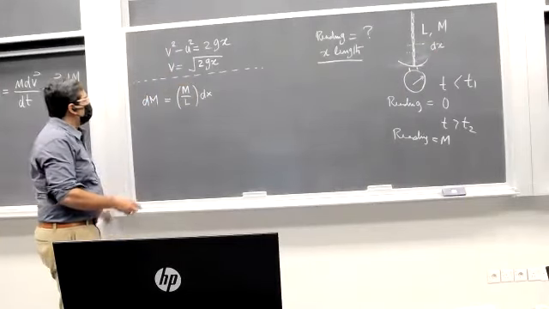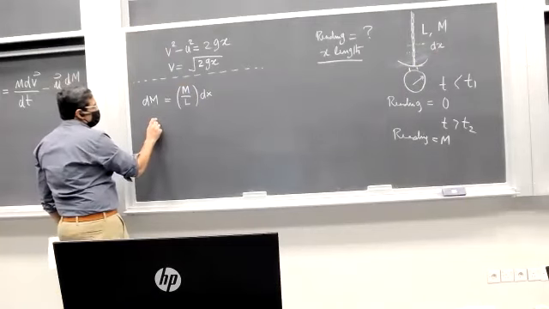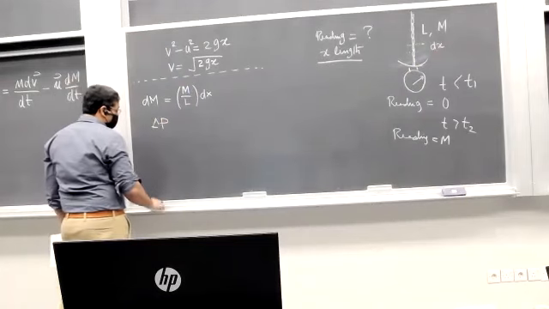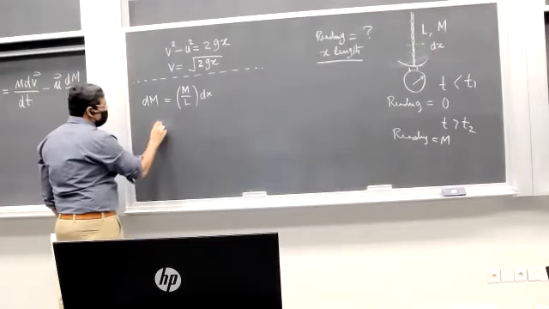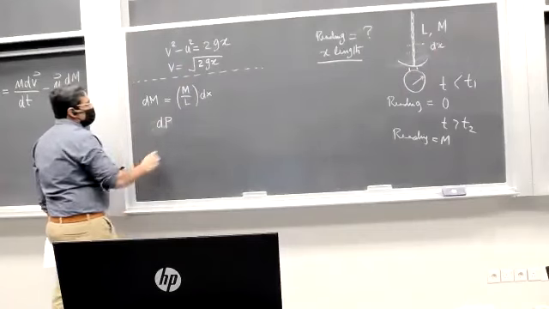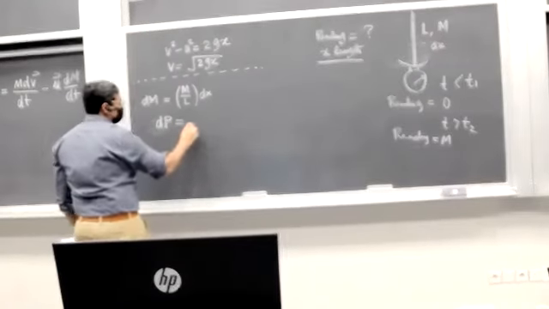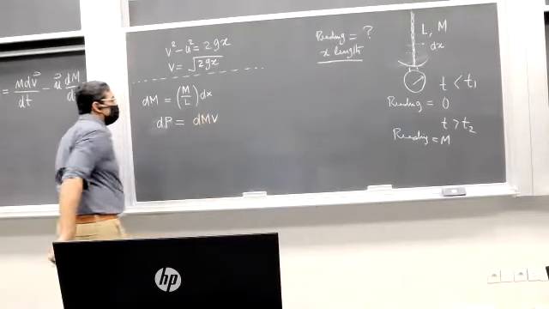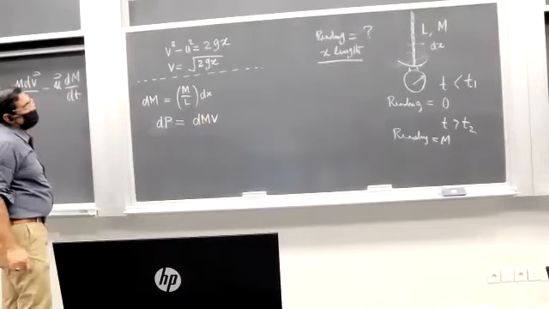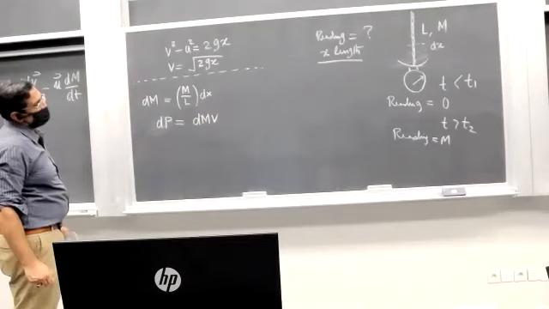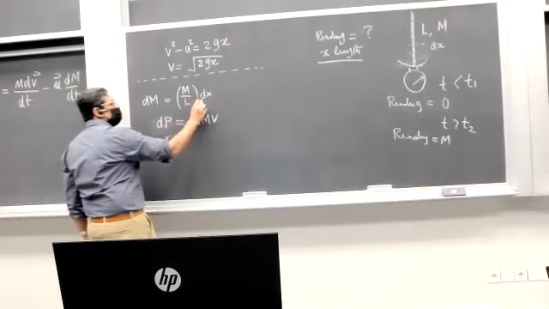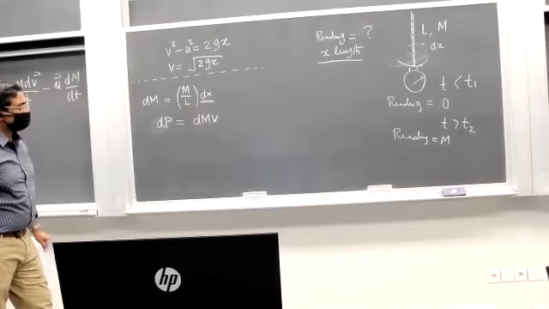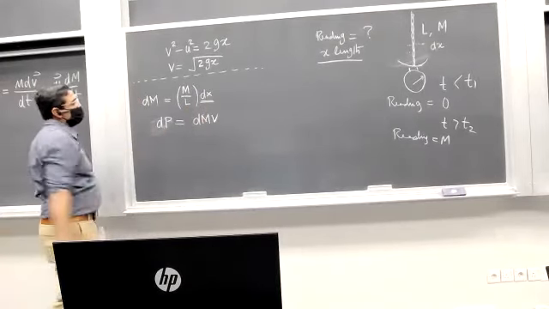So the momentum change dp of the chain would be dm times v, if the chain has fallen this length only.